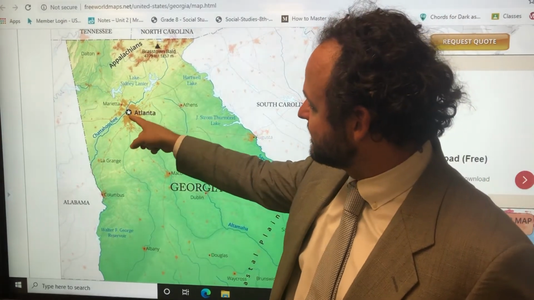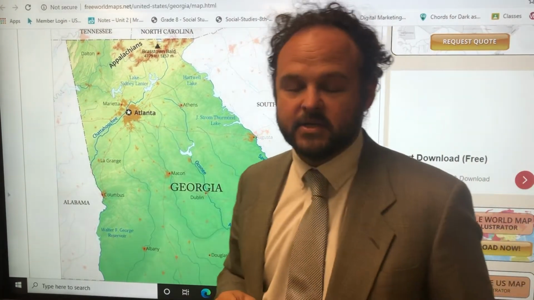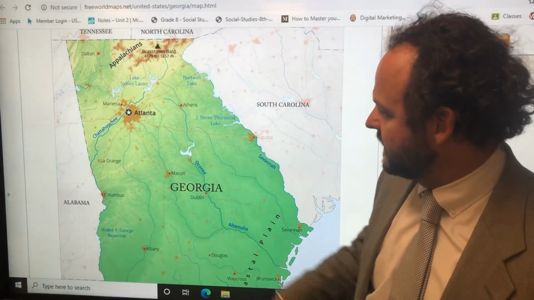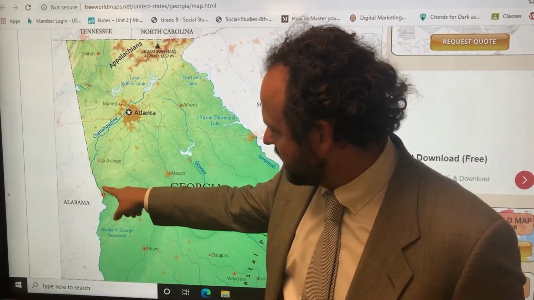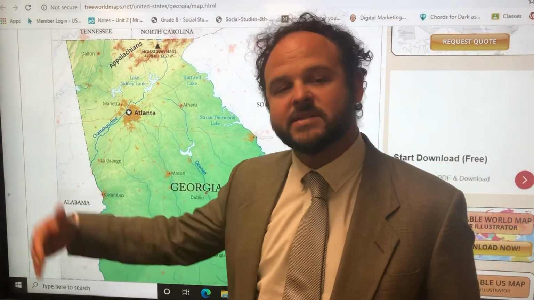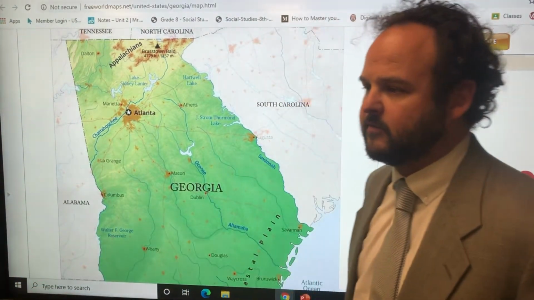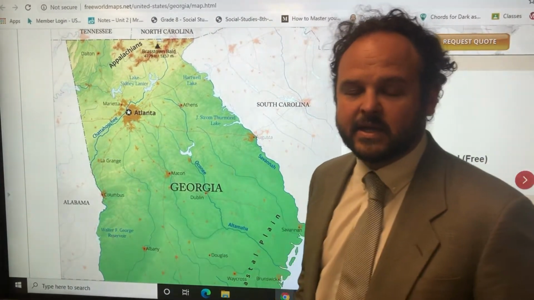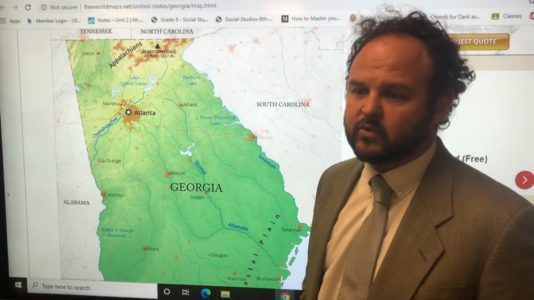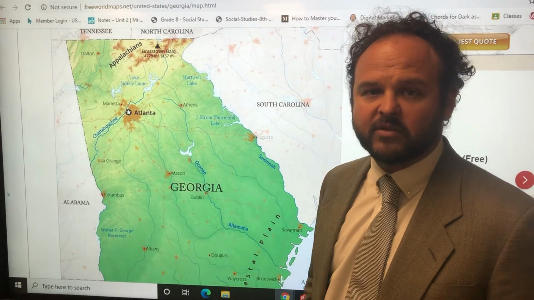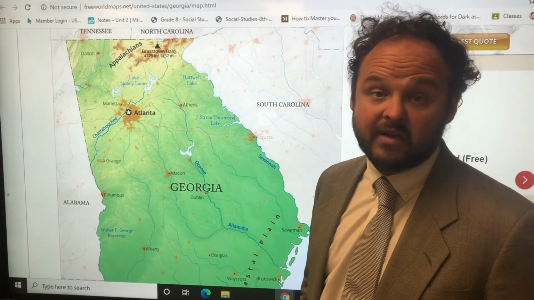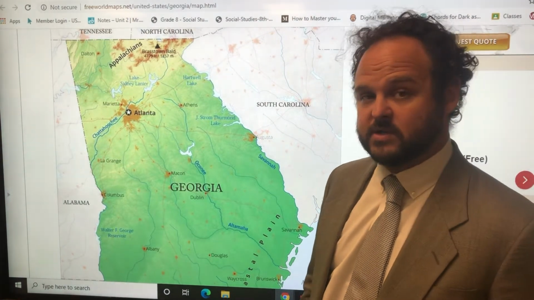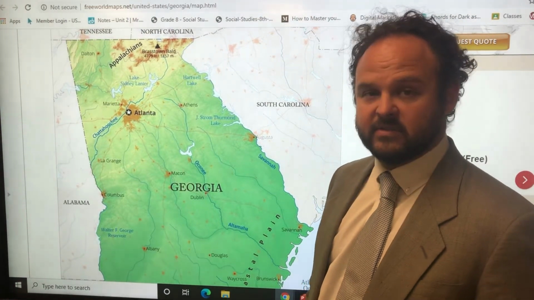And you can see that Atlanta developed along and is still on the Chattahoochee River. It flows down and then becomes our border between us and Alabama. For a long time, it flowed all the way down to the sea. It still does, but of course, it's been dammed up several times, and you can no longer navigate it very far, and you certainly can't navigate it all the way from the ocean any meaningful distance.